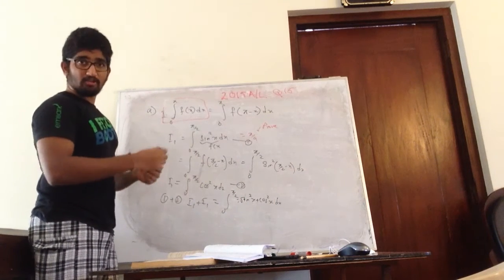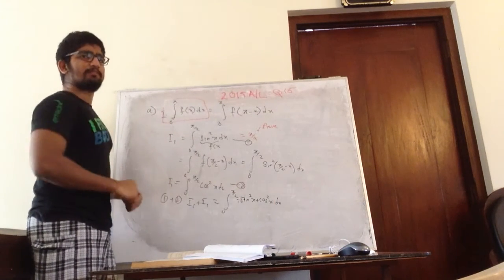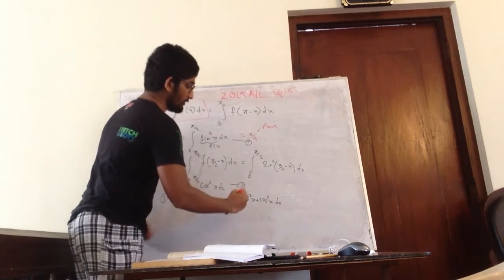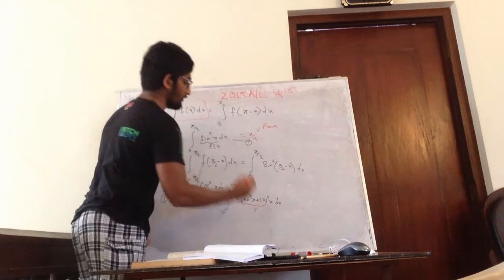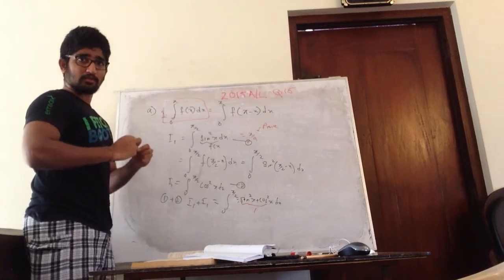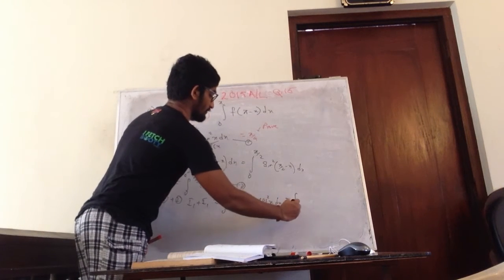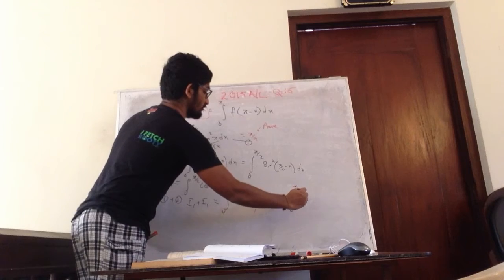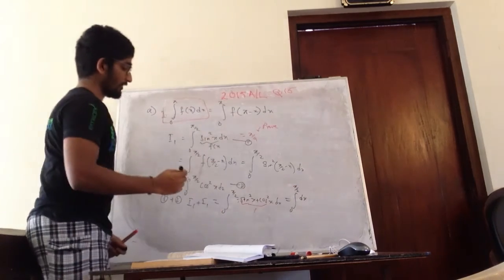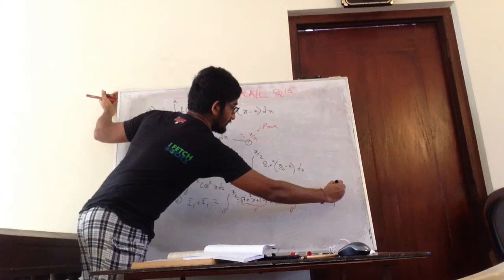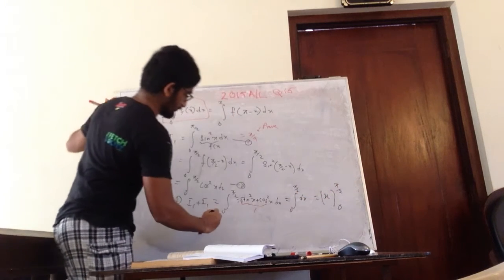There are alternate ways of doing this sum, but this is very much easier. So this is going to be 1, right? So it's going to be the integral from 0 to 5 over 2 of dx.